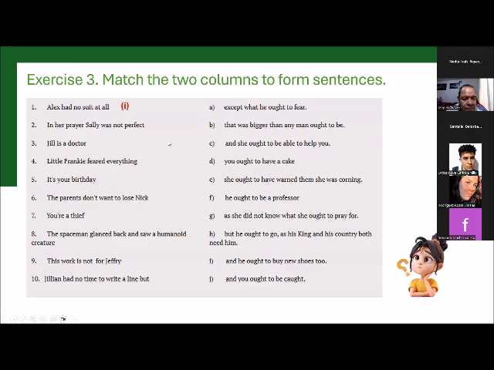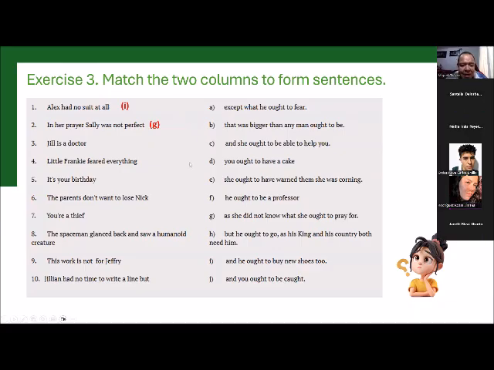Sally was not perfect, as she did not know what she ought to pray for. Exactly. Thank you, Nadia. Thanks a lot for your participation.